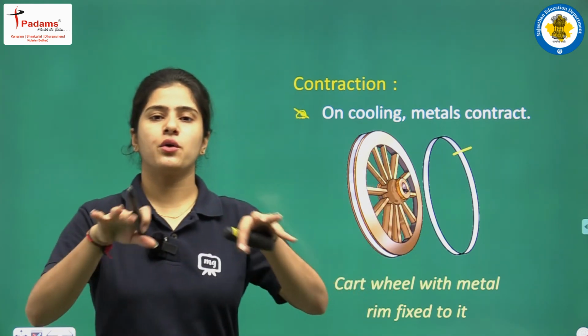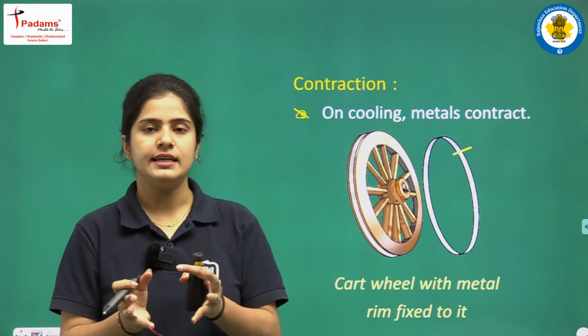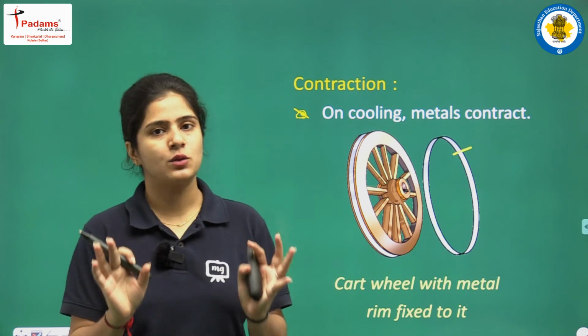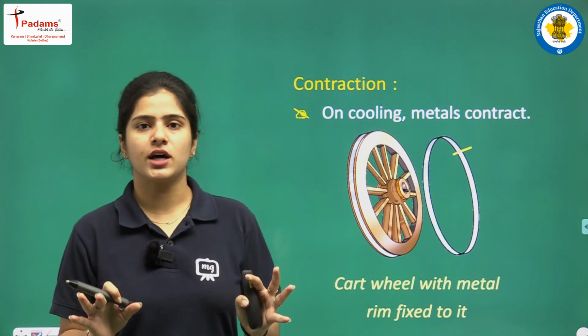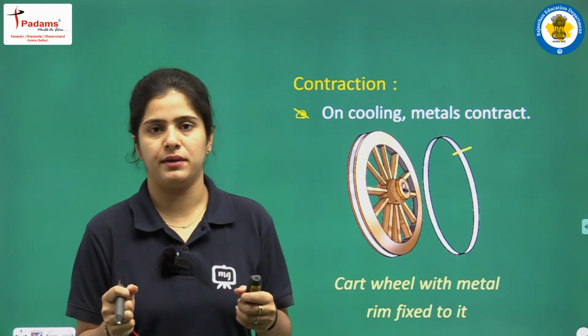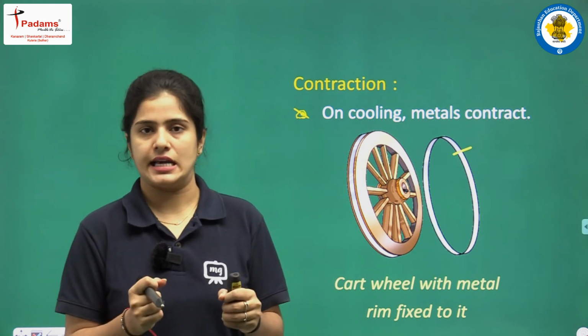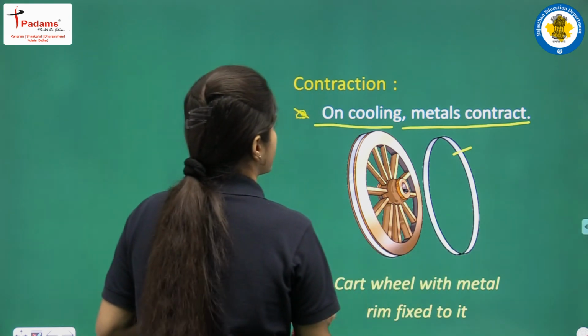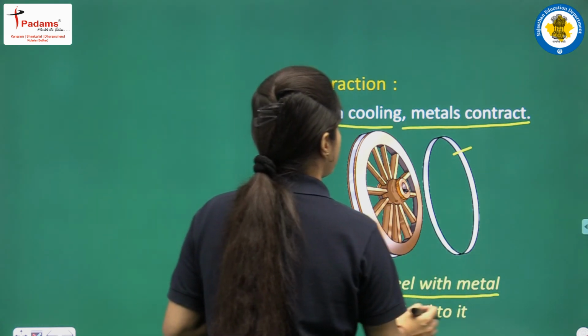Then you pour cool water, it cools down, contracts, and fits properly. It will be very tight now. So students, on cooling metal contracts, like the cart wheel with a metal rim fixed to it.